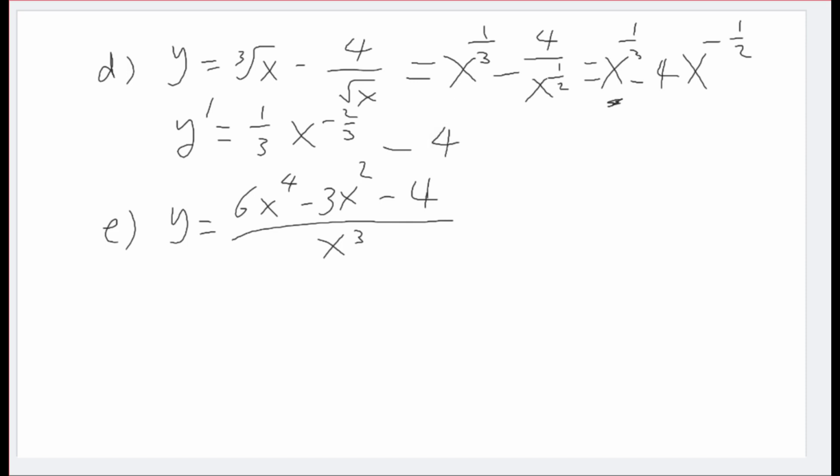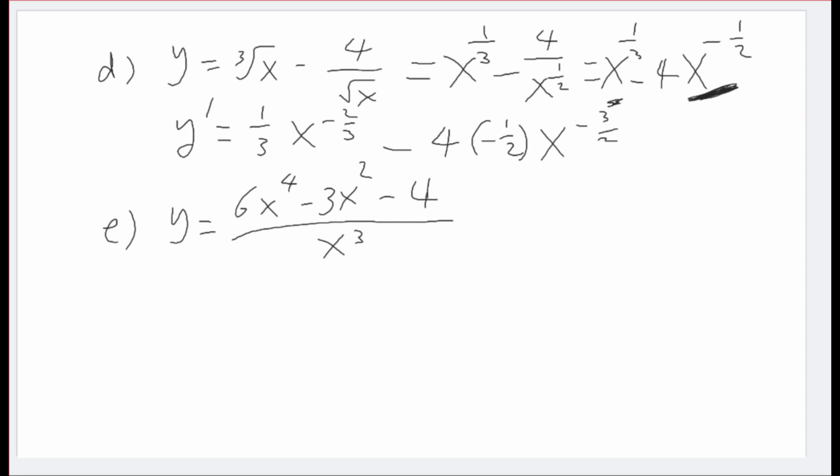We copy down the 4. And then for the power of x, we use the derivative power rule to bring the negative 1/2 down and then reduce the power by 1. Negative 1/2 minus 1 is negative 3/2. So this would be the answer.